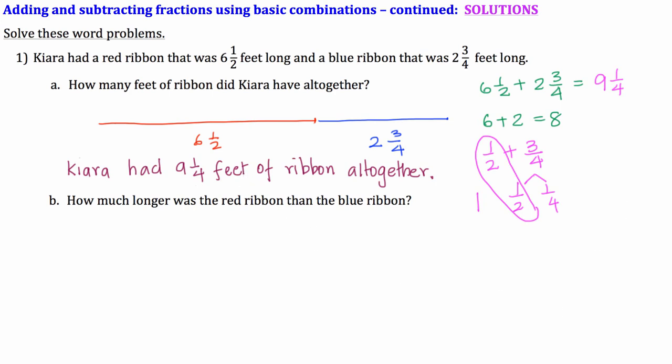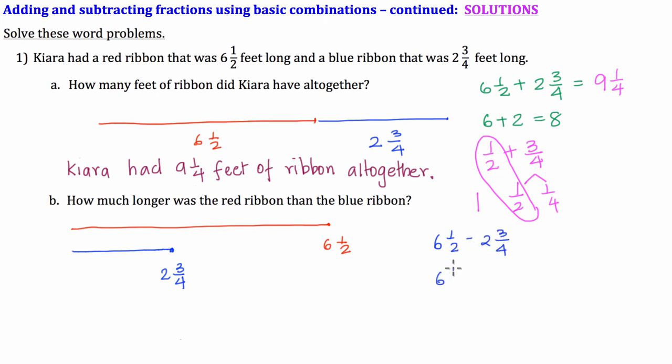The next part is asking us how much longer was a red ribbon than the blue ribbon. So let's draw a model for this. This is the red ribbon, which is 6.5 feet long, and this is the blue ribbon, which is 2 3/4 feet long. So what would the equation for this look like? 6.5 minus 2 3/4. And how would we do that? 6.5 minus 2 equals 4.5.